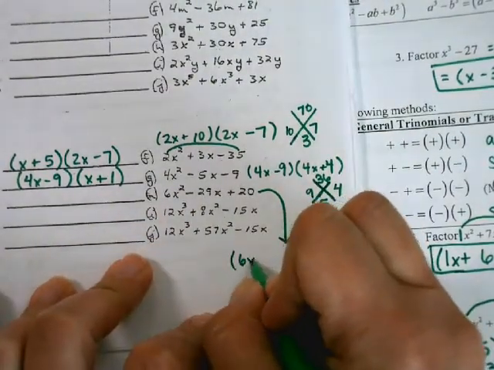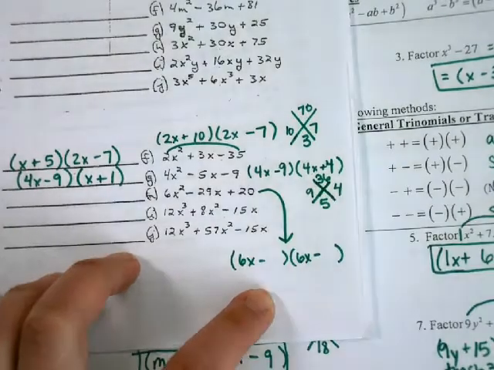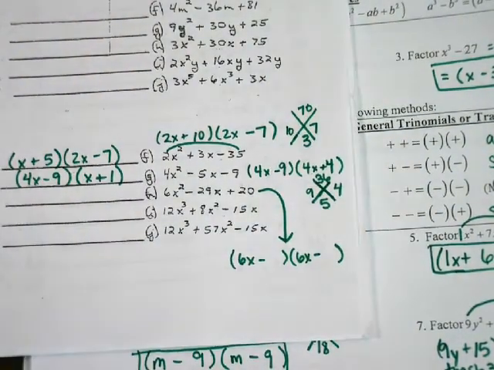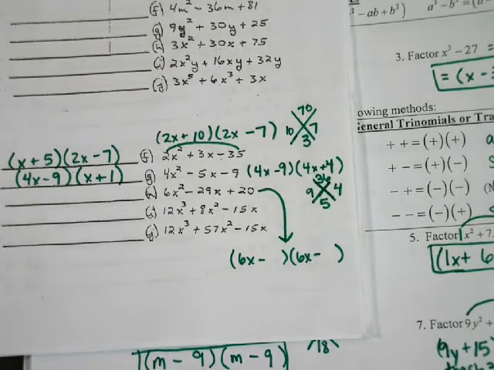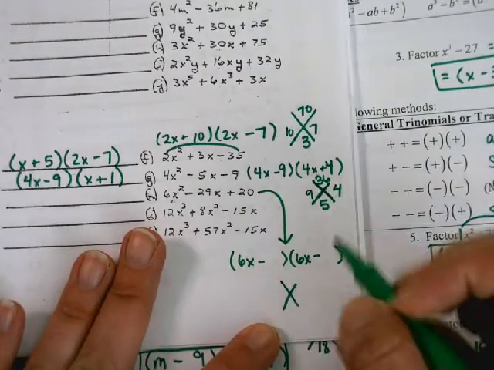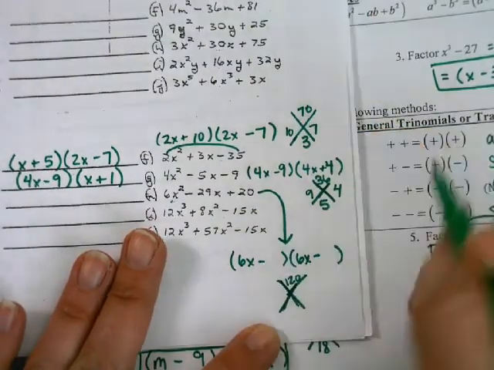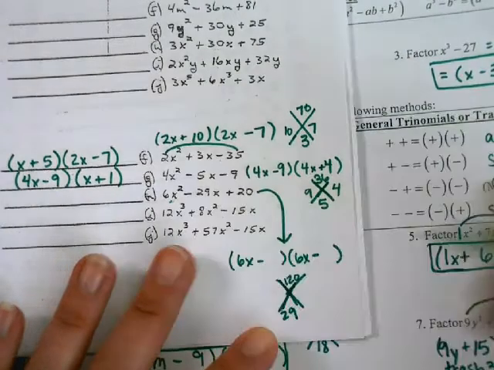So I have 6x minus, 6x minus. Multiply the first and the last. 120. So I need factors of 120 that add up to 29.